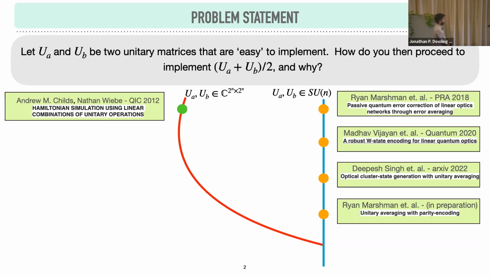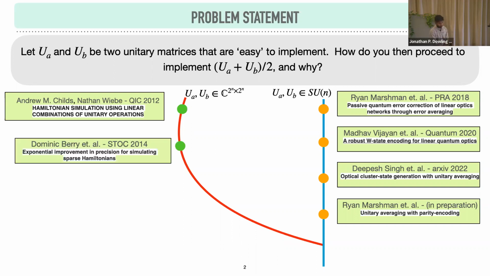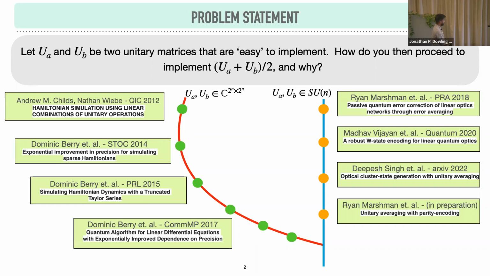The idea is that instead of using an equal weight sum of unitaries, you want to have weights which change depending on what Hamiltonian simulation you want to do. And there are a bunch of papers, mostly from Dominic here, that talk about the applications of LCU in Hamiltonian simulation.